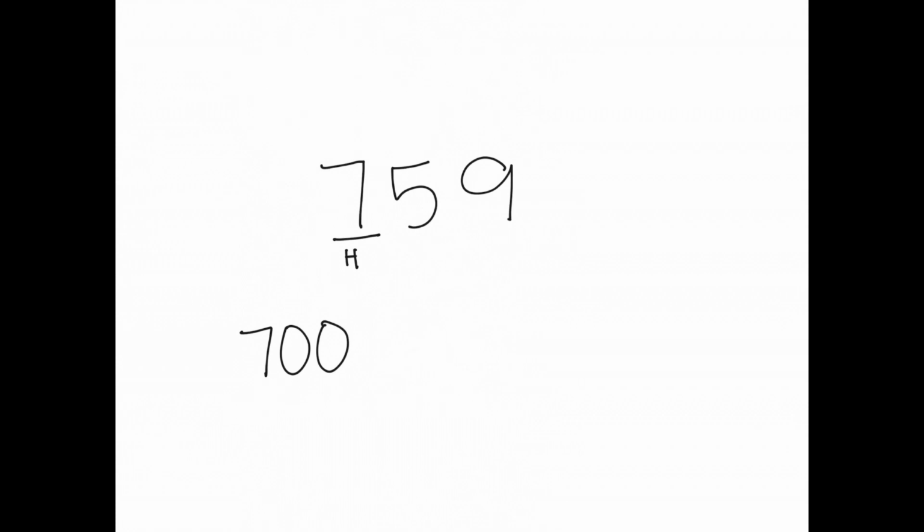So this time I'm just going to look at a number. Let's say I have 759. Now I know that in my hundreds place I have 7. So that is worth 700. In my tens place I have a 5. 5 tens are worth 50.